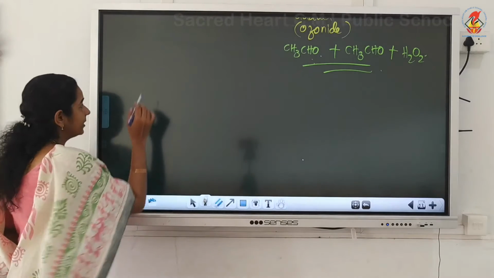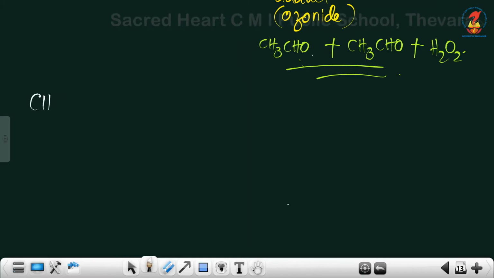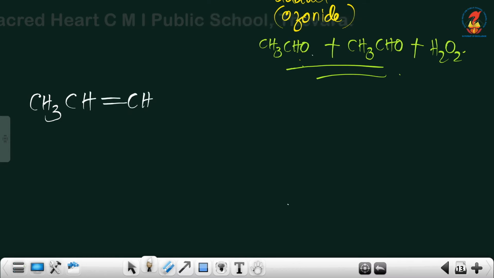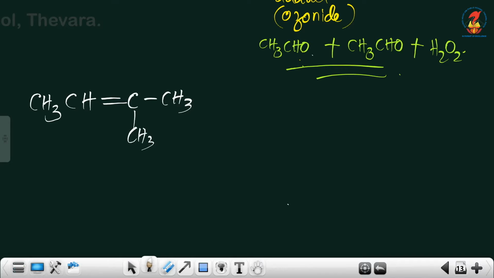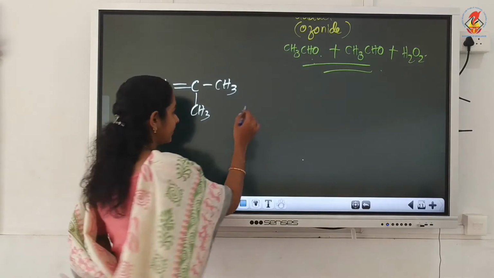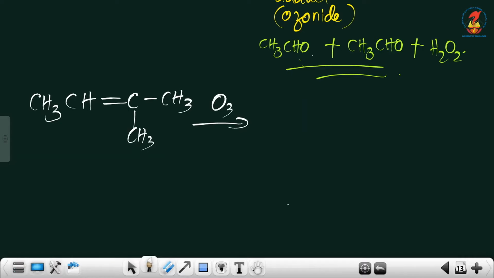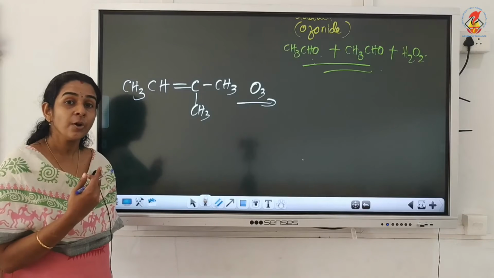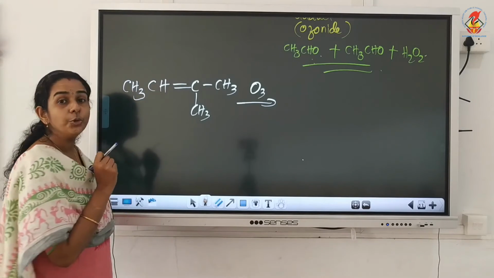Of ozonolysis. Another alkene, we are going to do ozonolysis. So first we have to treat with ozone. We are going to add ozone to the double bond.